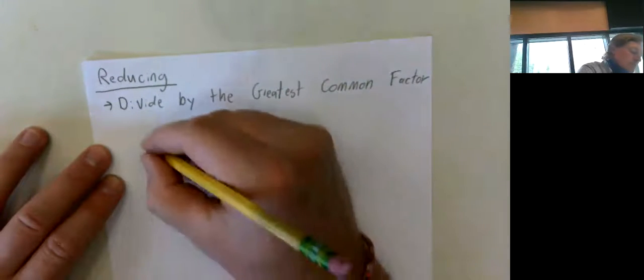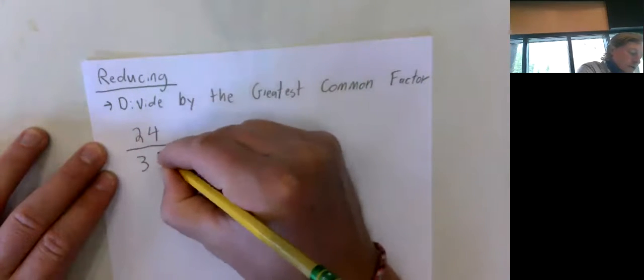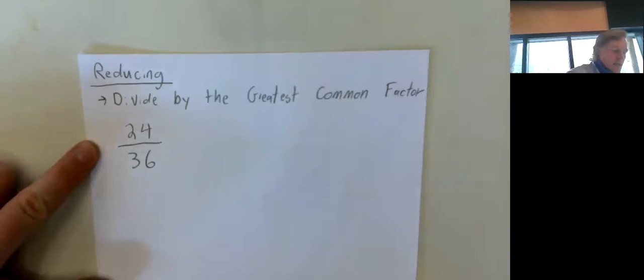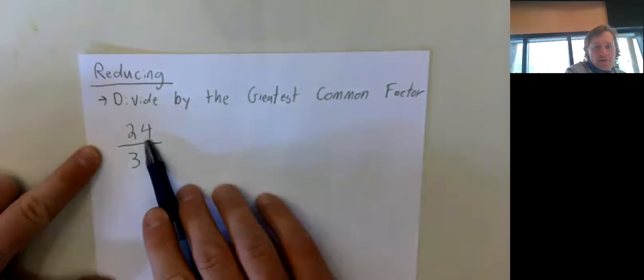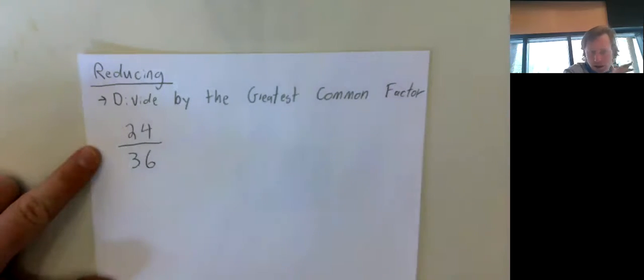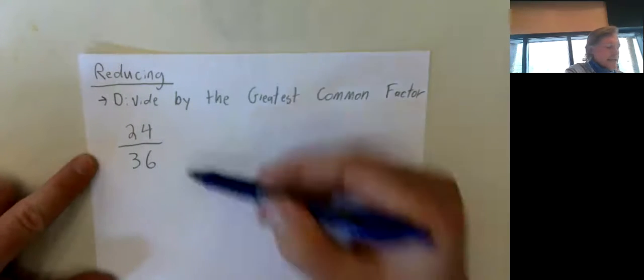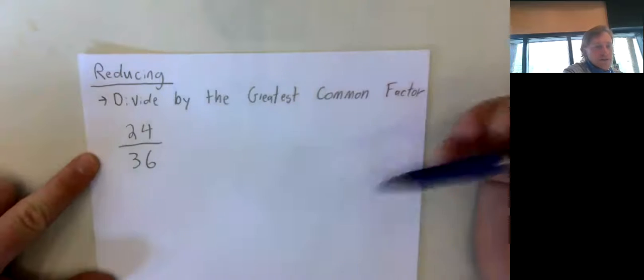So if I end up with a problem like 24 over 36, and I'm asked to reduce or simplify, I need to list out all the numbers that 24 is divisible by and 36 is divisible by. Now, this is the long way to do this, and some of you may find some tricks, but basically I'm looking for a number that I can divide the 24 and the 36 by.